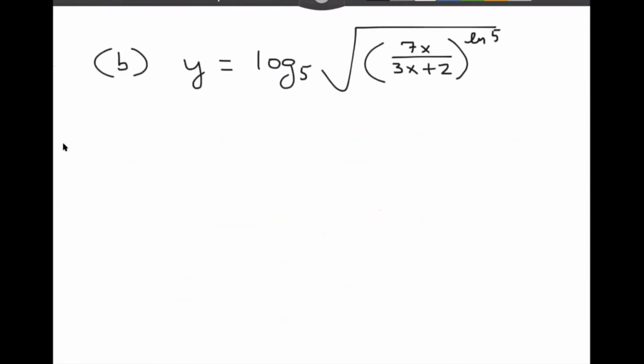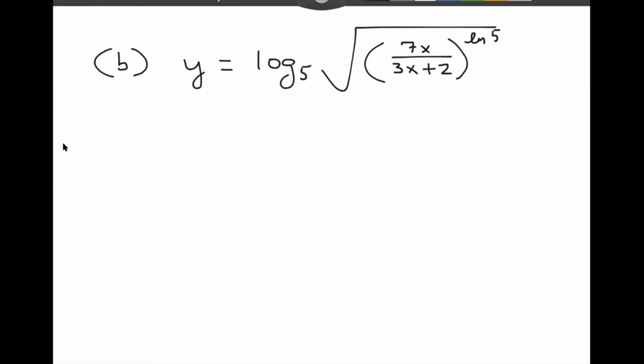All right, next. Doesn't this look fun? Well, actually, we're going to be able to make this a lot easier. So y equals log base 5 of the square root of 7x over 3x plus 2 to the power natural log 5. So before I do any calculus with this, let's break that down using properties of logarithms.